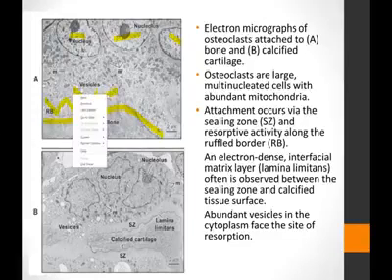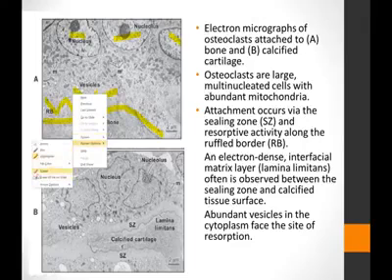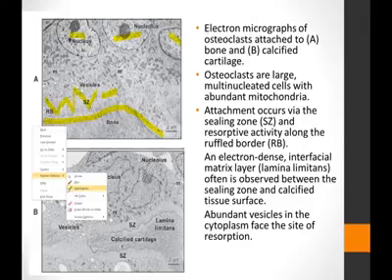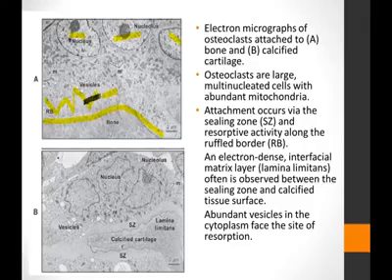the part of the osteoclast that basically attaches, let me change the ink color. The part of the osteoclast that basically attaches to the bone surface is called the sealing zone. So this here is your sealing zone. Okay? Figure B also shows the osteoclast attached to the calcified cartilage.